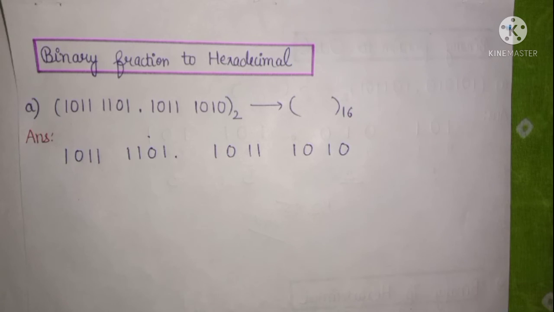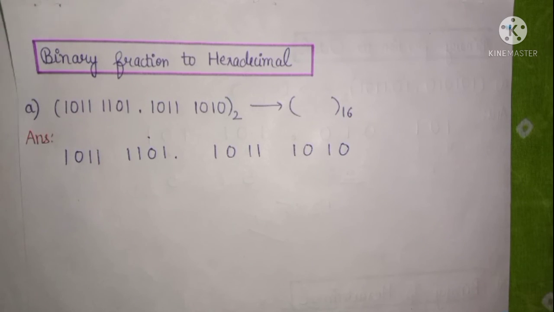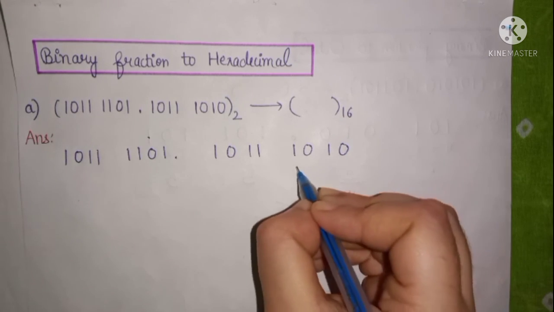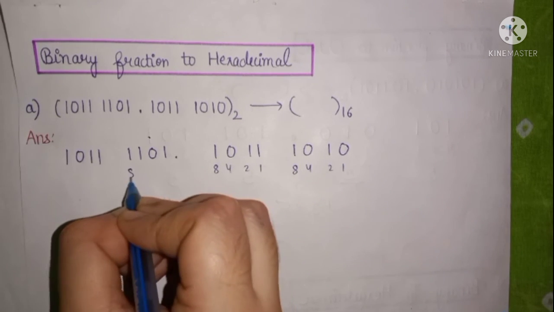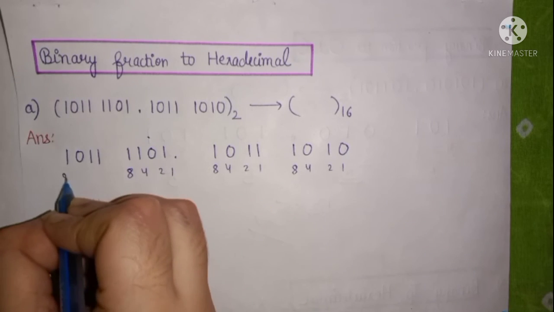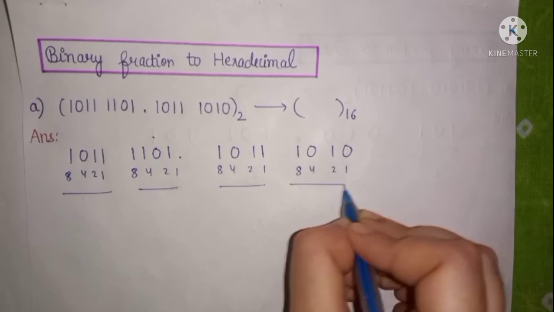And you have to remember that the base of hexadecimal is 16, not 6, because it has 16 symbols. I have already discussed this in the beginning of the video. Okay, so you have to write 8421, 8421, 8421 and 8421.